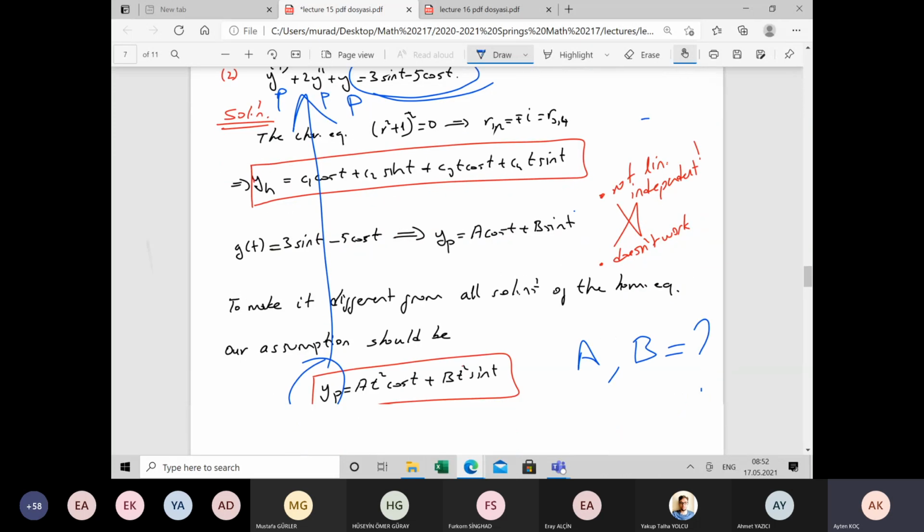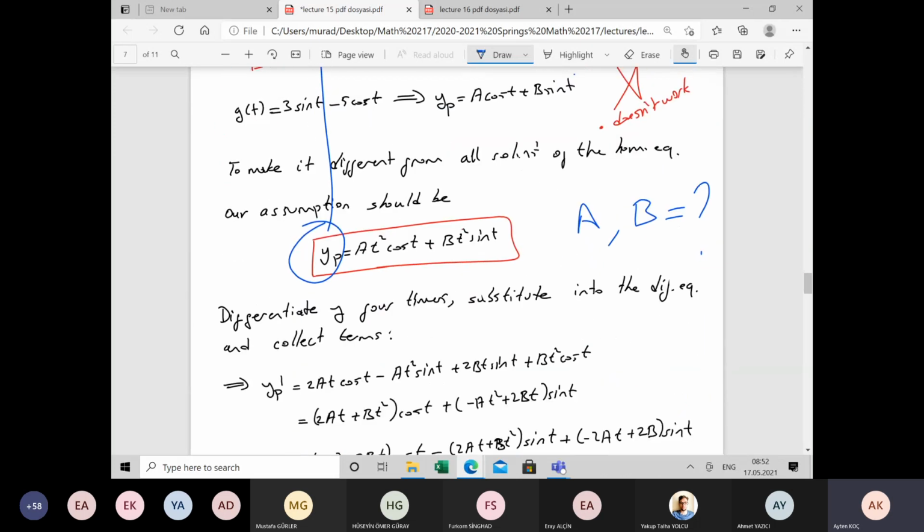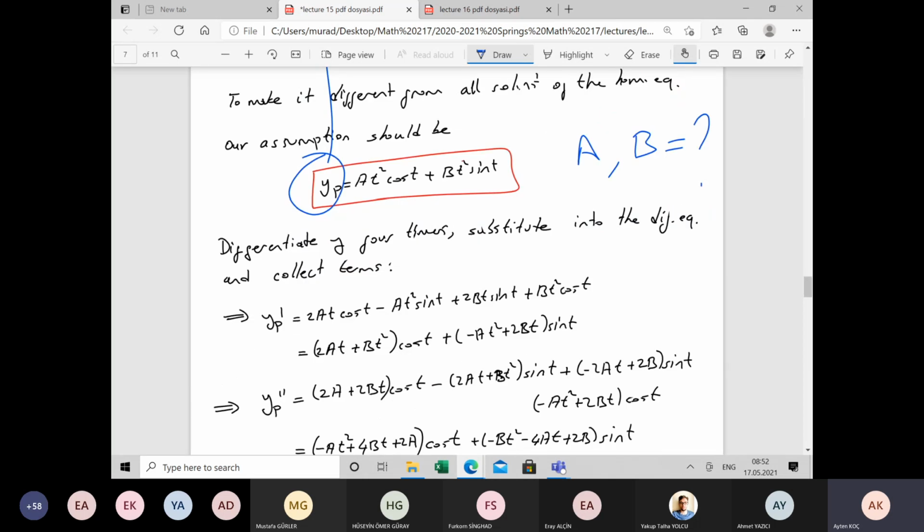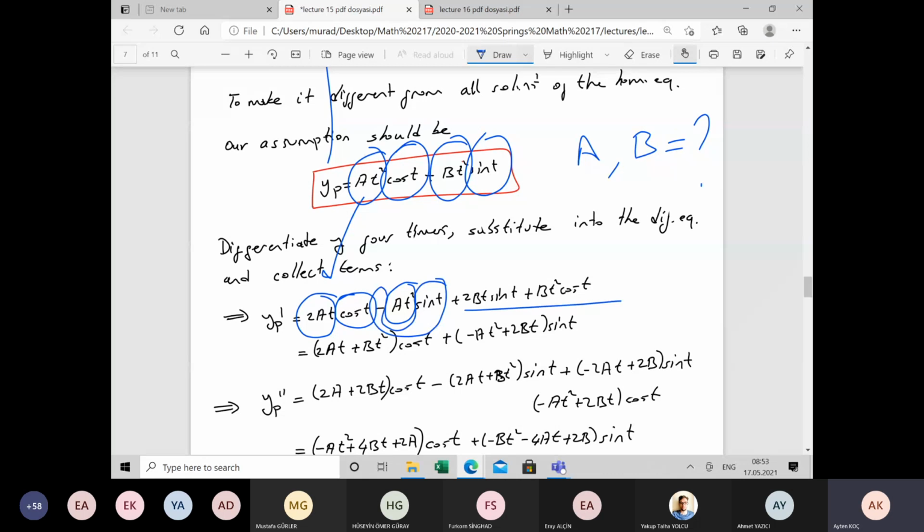So we compute the derivative of y sub p. Here again we use the product rule, u times v: the derivative of the first one, 2 times at, and the second one, plus the first one times the derivative of the second one. This one is okay. So we obtain the derivative of this one, which gives these terms.